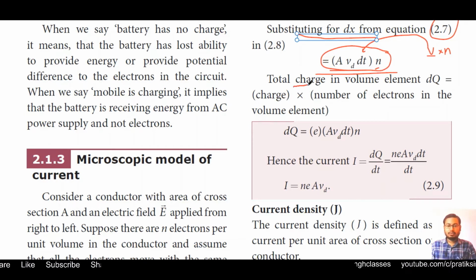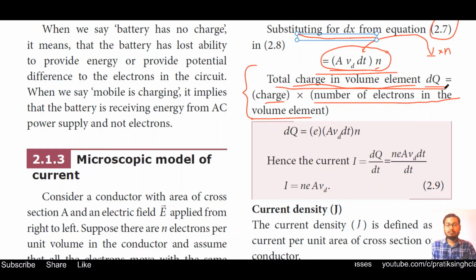Total charge in volume element dq is given by charge into number of electrons in the volume element. Once again, let us try to understand what is the meaning of total charge here. Total charge in volume element dq means, if we take any volume element, what is the total amount of charge in that volume?